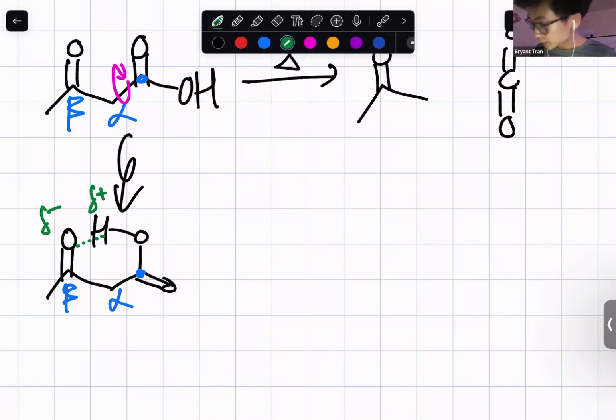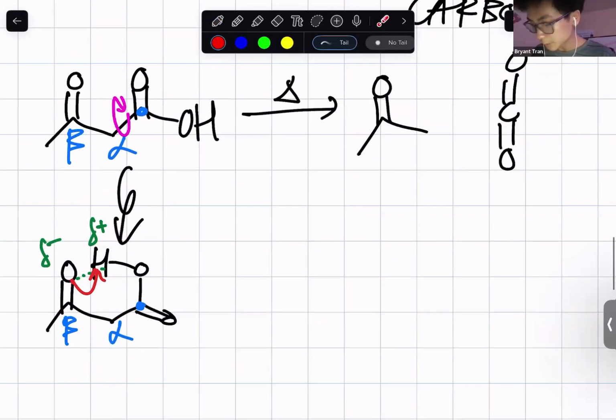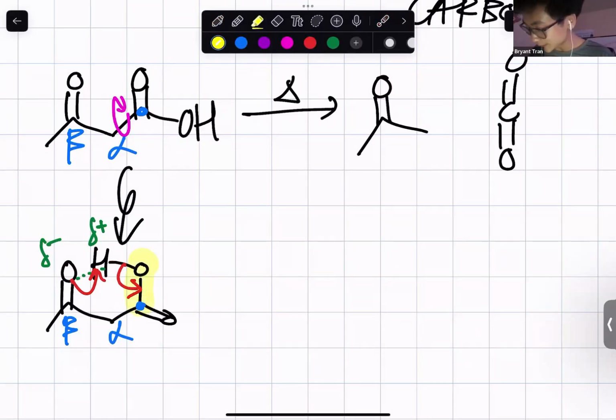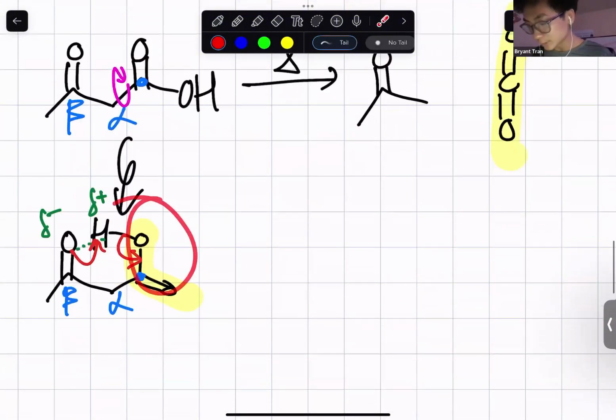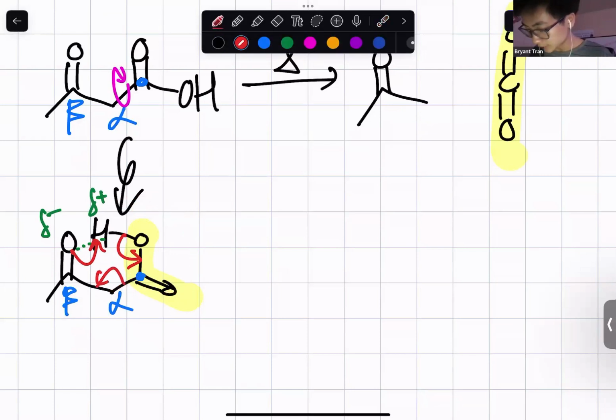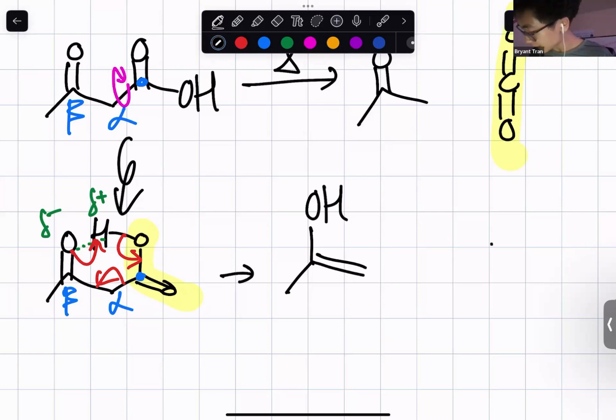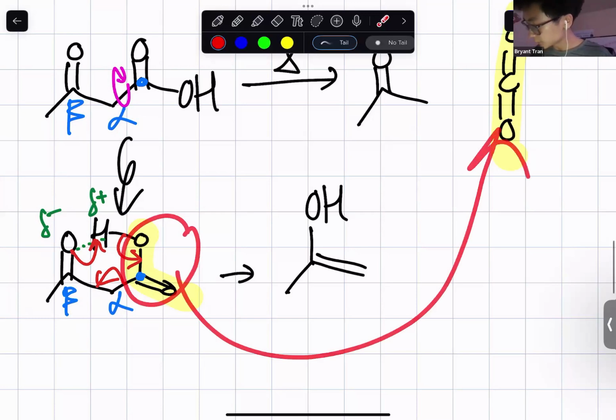Opposite charges attract. So this oxygen here is going to grab that hydrogen using one of its double bonds. The bond between this hydrogen and oxygen is going to create a double bond right there between the carbonyl carbon and oxygen. This is where we get our CO2. Now we're going to break this bond between the carbonyl carbon and alpha carbon to create a double bond right there, to give us this intermediate here. And that gives us our carbon dioxide, which is this here.